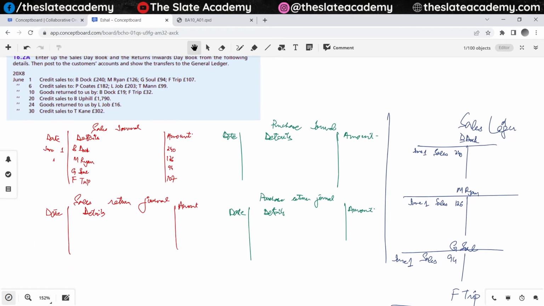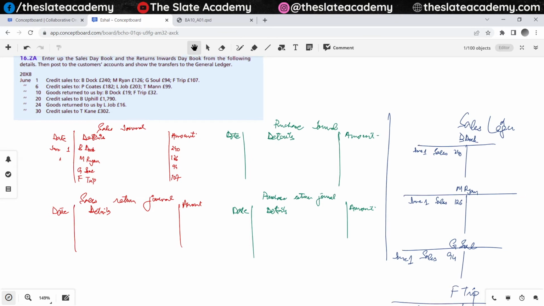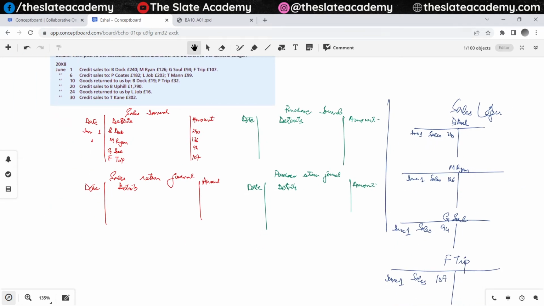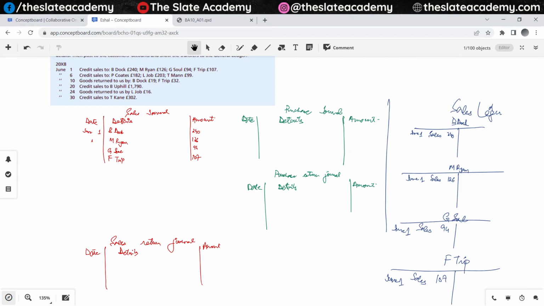अच्छा जी. Then I made further credit sales to a few more people. ठीक है जी, इसको नीचे ले आते हैं. ये वाला जो sales return journal है, come down, more down. अच्छा जी, how much credit sales to P Coates? June 6 now. June 6 is around the same date.